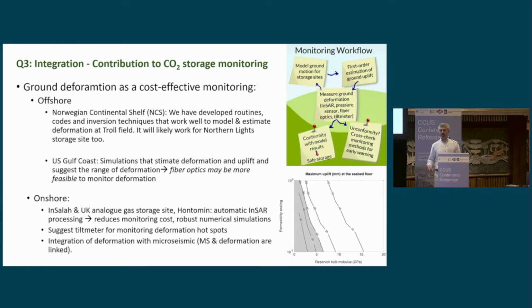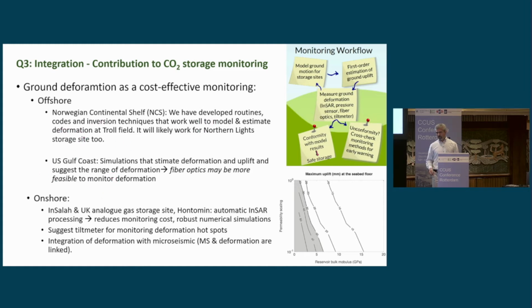Now you know Troll is not an injection site. It is the opposite, so it's going down, or it subsides. But the mechanism is the same. If you can, based on subsidence, estimate pressure depletion, you would be able to do the same for pressure increase in an injection site. So we think this will also work for Northern Lights.